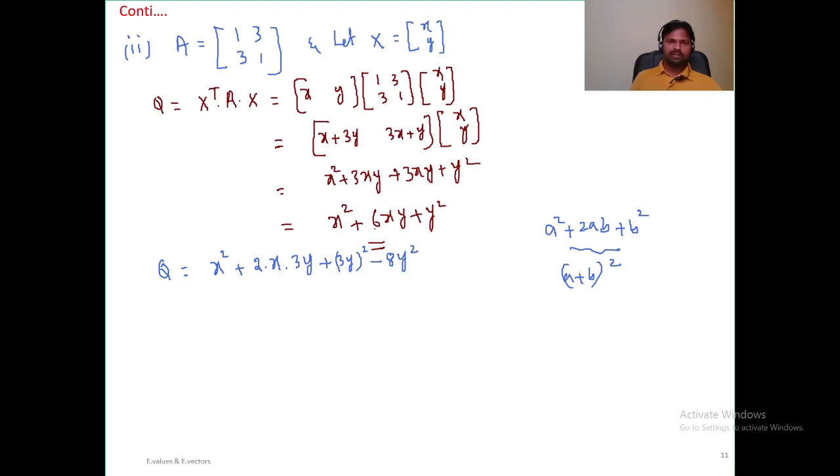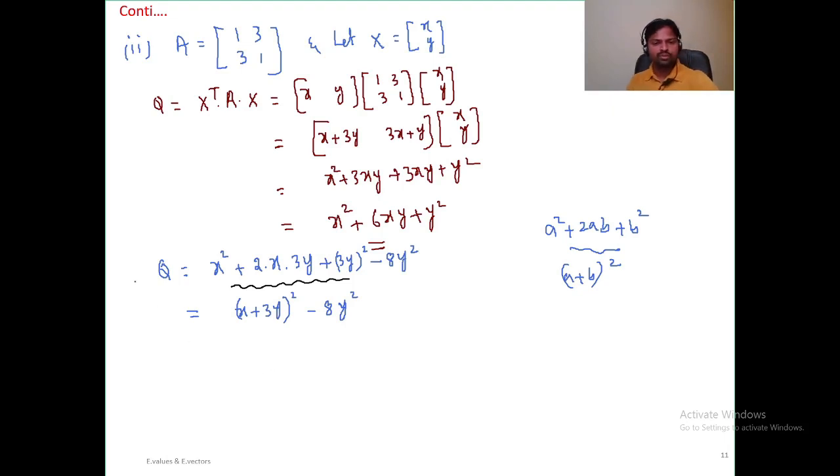Same expression I am rewriting. These three terms together I can write as x plus 3y whole square, minus 8y square. Is it always positive or always negative? Now we have to investigate.